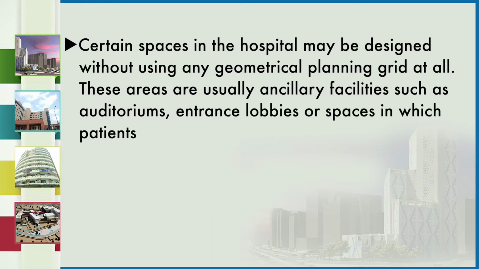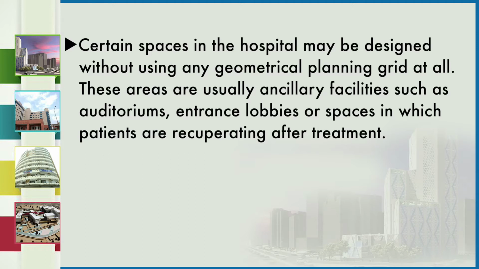Certain spaces in the hospital may be designed without using any geometrical planning grid at all. These areas are usually ancillary facilities such as auditoriums, entrance lobbies, or spaces in which patients are recuperating after treatment.